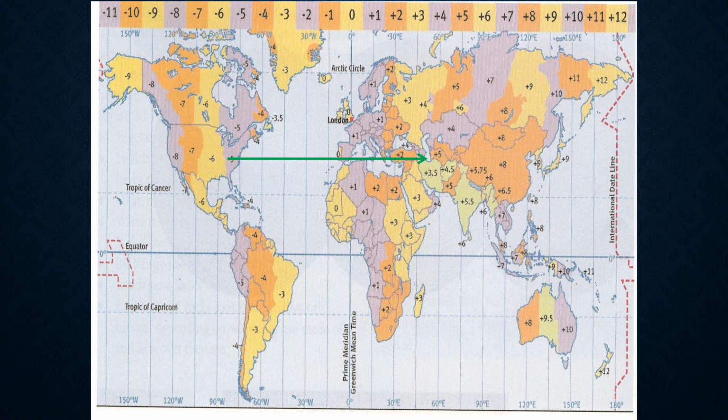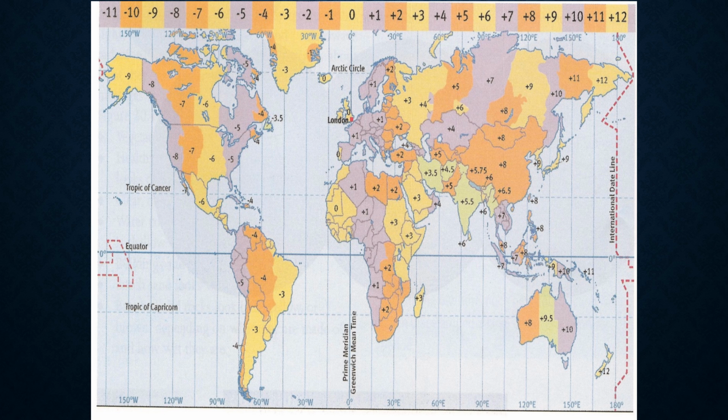And we want to know the time of the place located at 45 degrees east. So according to the arrow, 45 degrees east, obviously, is east of 60 degrees west. So if it is east of 60 degrees west, it means we are gaining time.